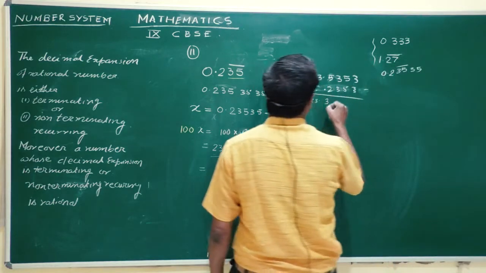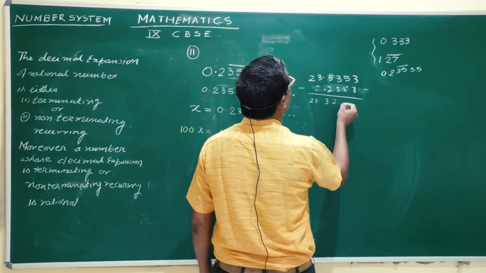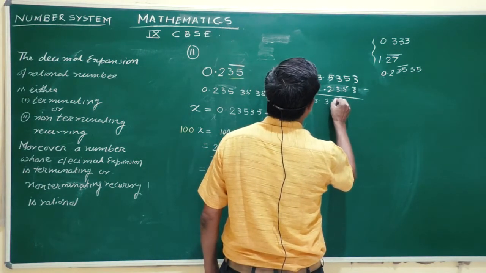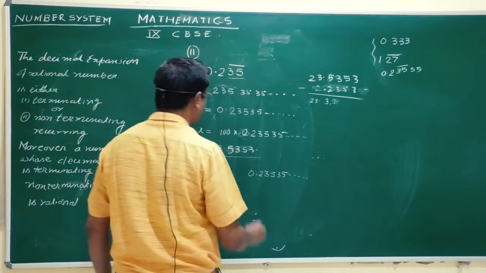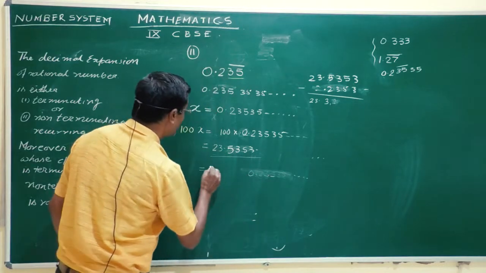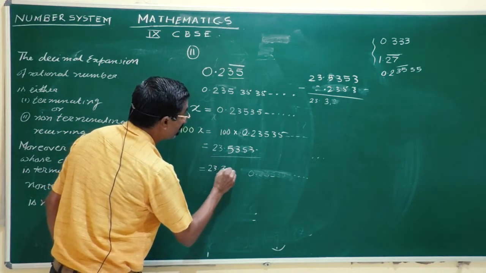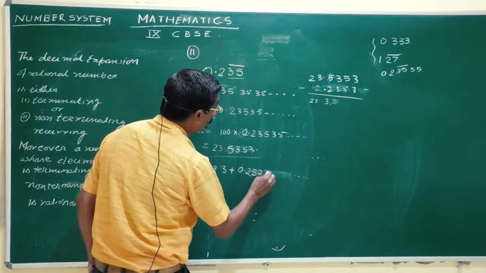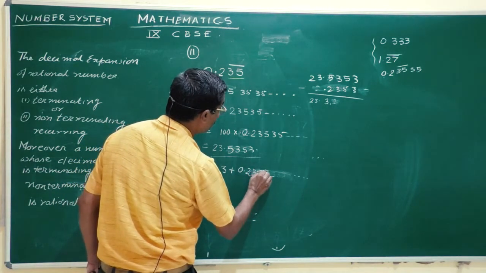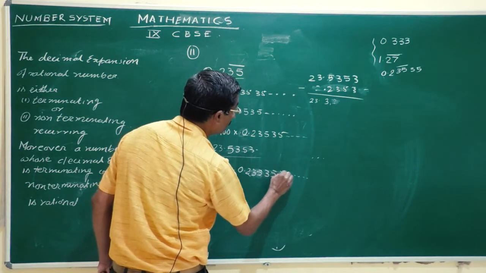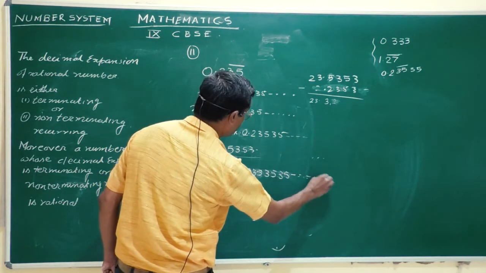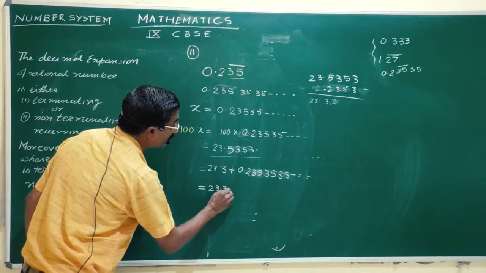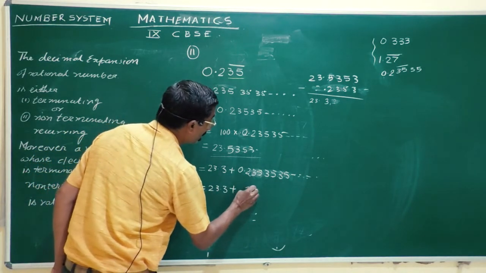Correct, 23.3. So now this will be 23.3 plus 0.2353535 and so on. This is equal to 23.3 plus this value, which is x.